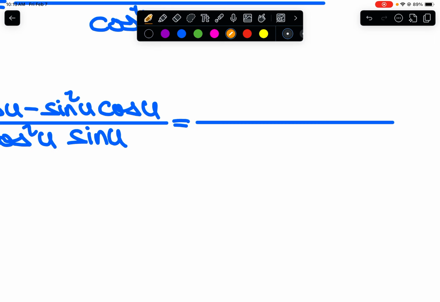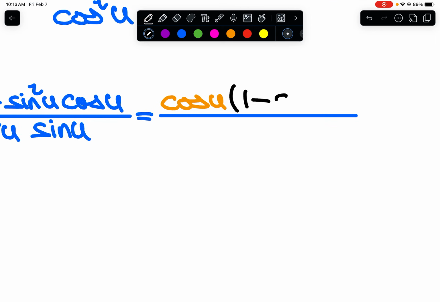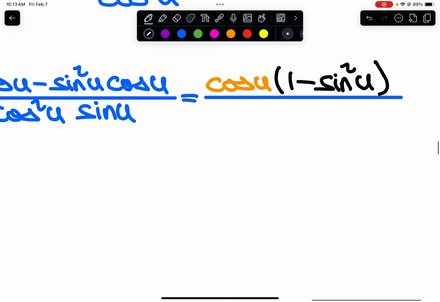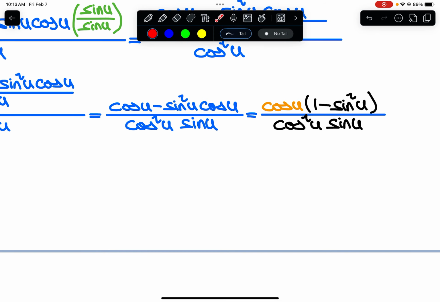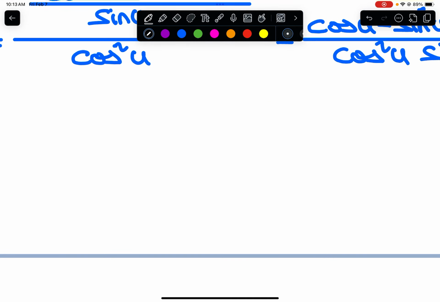So when I take out that cosine u, that's going to leave us with 1 minus sine squared u. Hopefully you recognize that's one of your Big Papa identities, and that's going to be over cosine squared u times sine u. Okay, so now I'm going to manipulate the 1 minus sine squared u. That's going to turn into cosine squared u.